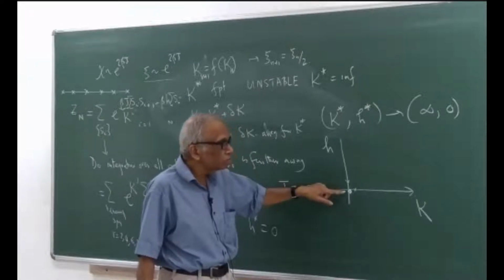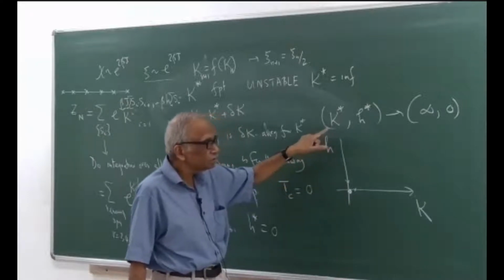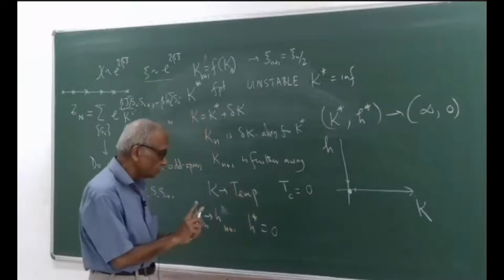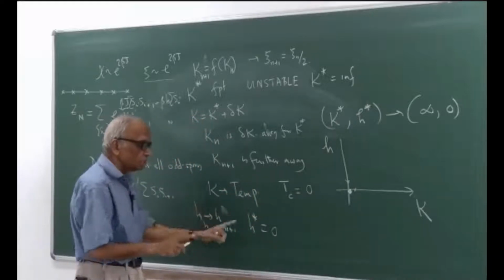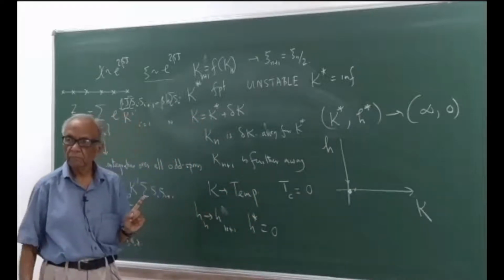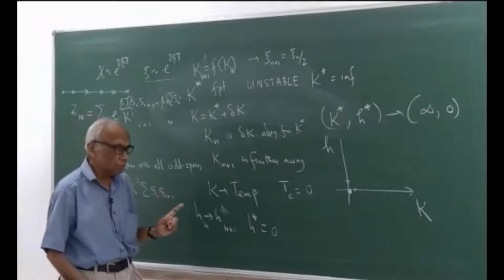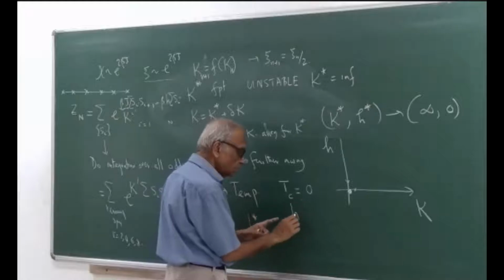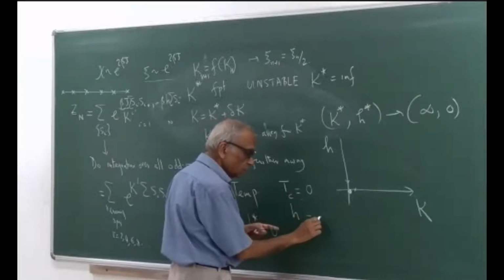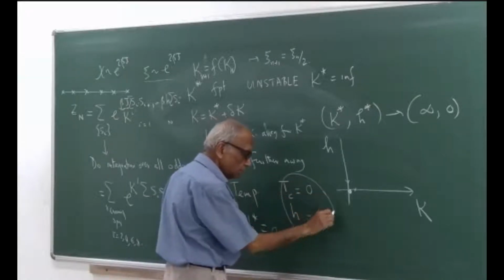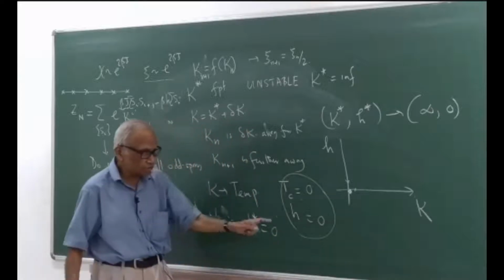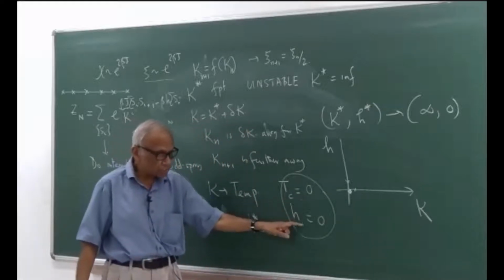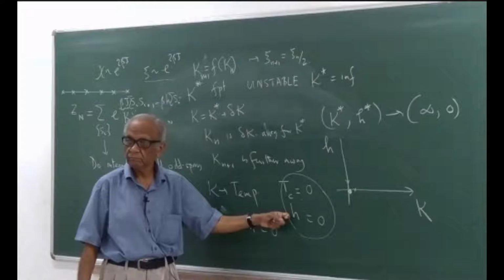H equal to 0, just as T equal to 0, the fixed point is T equal to 0 or H equal to 0. The criticality is determined by Tc equal to 0 or H equal to 0. So in a finite field, the critical point is determined by these two variables.